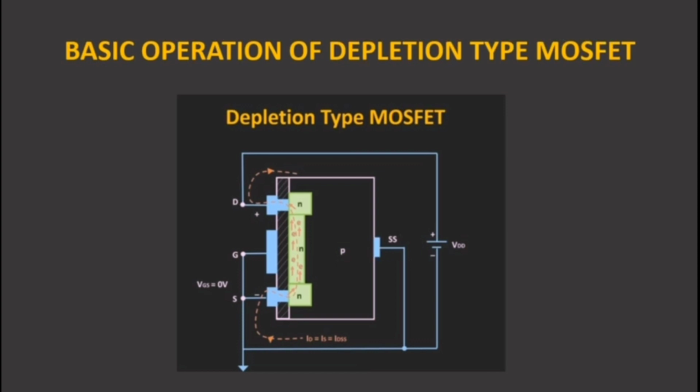As soon as we apply the positive voltage, the electrons in the N channel get attracted towards the positive terminal. The electrons start moving from the source terminal towards the drain terminal, and this way current is established in the N channel. This process continues until all the electrons in the channel contribute to the flow of current.